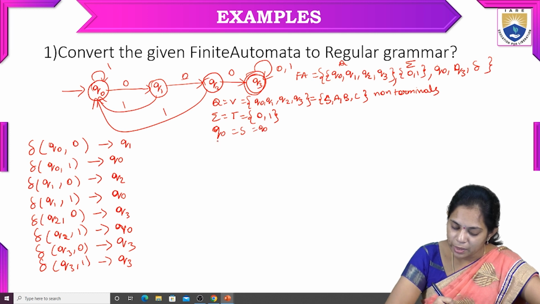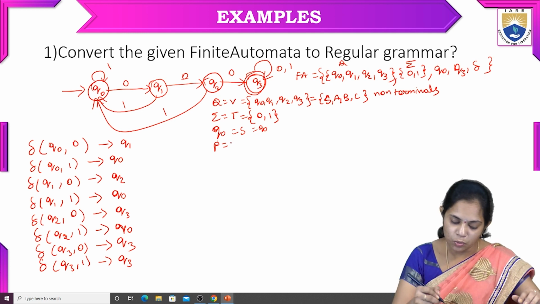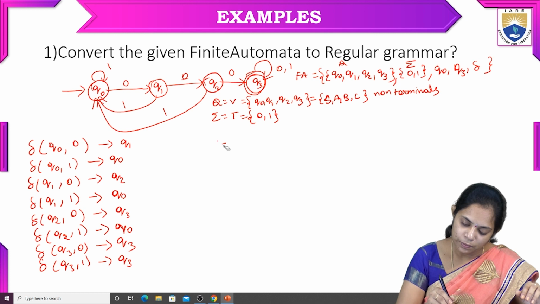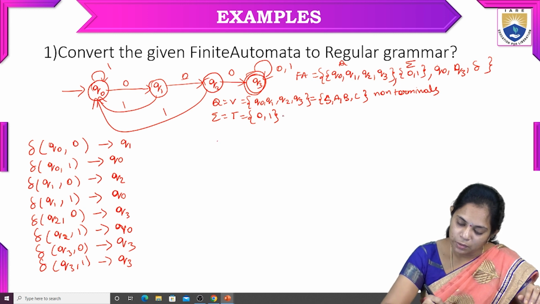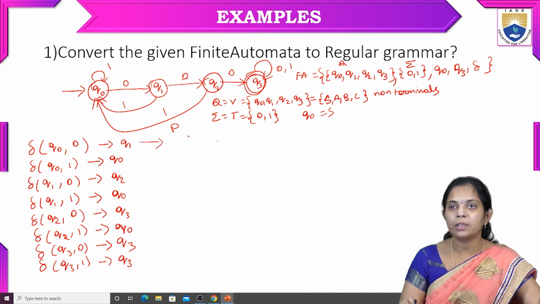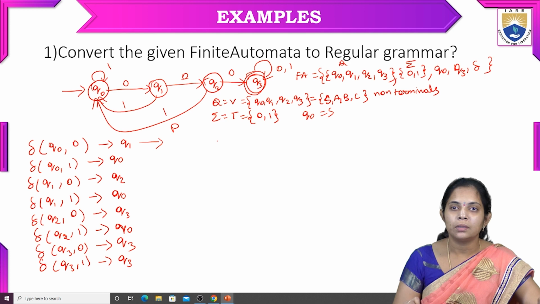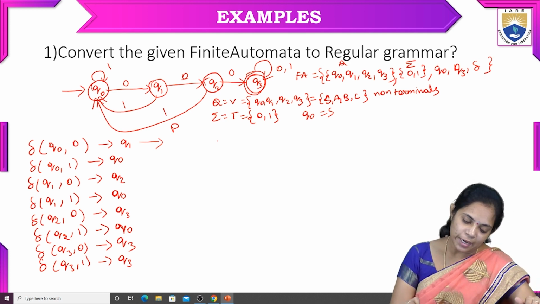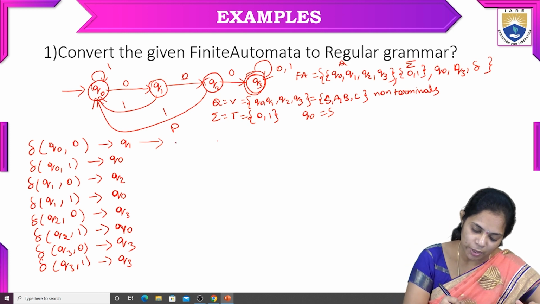And next, for production rules, what do we have to write? How do we convert a finite automaton to production rules? For every transition function we have to write the production rules.